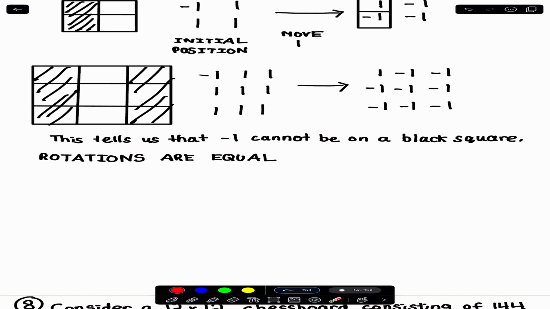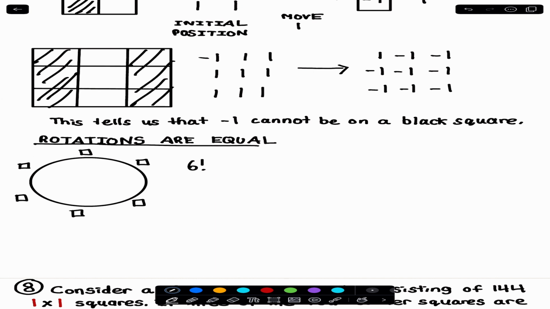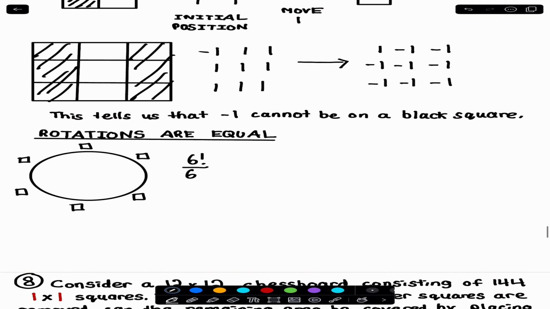explain it would be similar to 6 people. Let me draw it out, 6 people. You know how in factorials, if you have 6 people sitting around a table, there are originally 6 factorial ways for them to be seated, but because of the concept of rotation, to fix for overcount, you need to divide by all possible rotations.